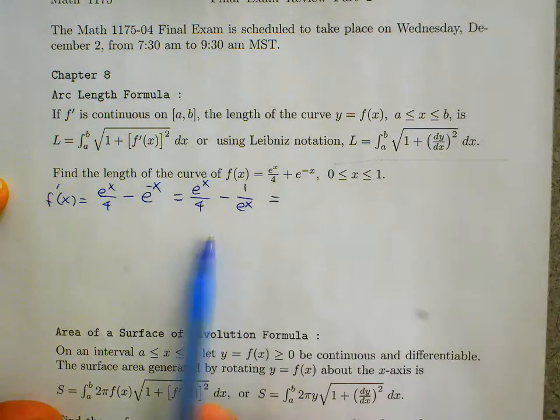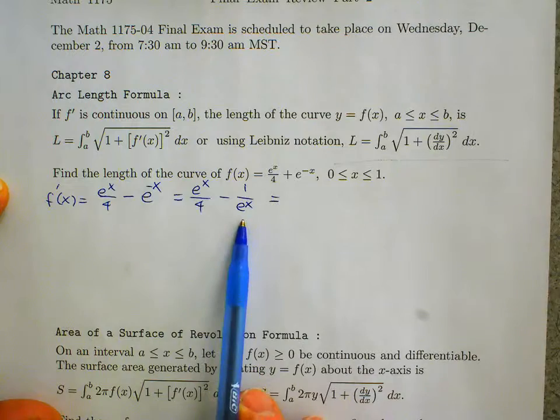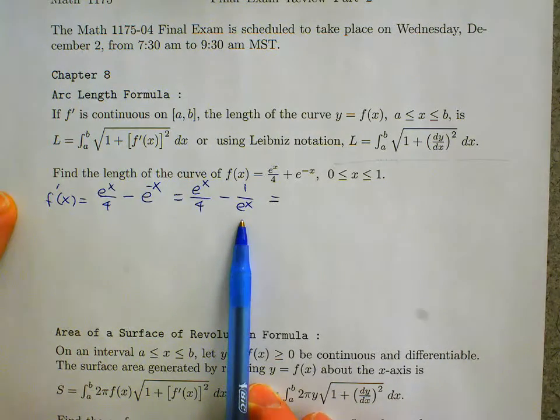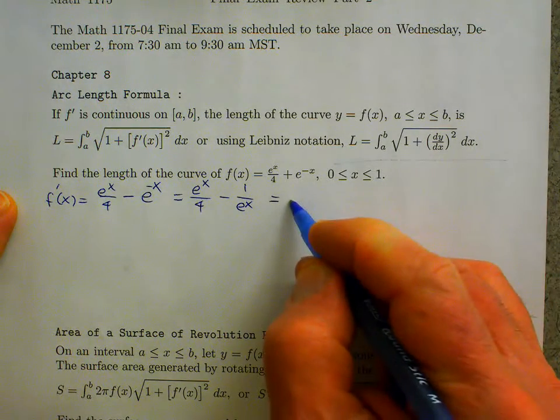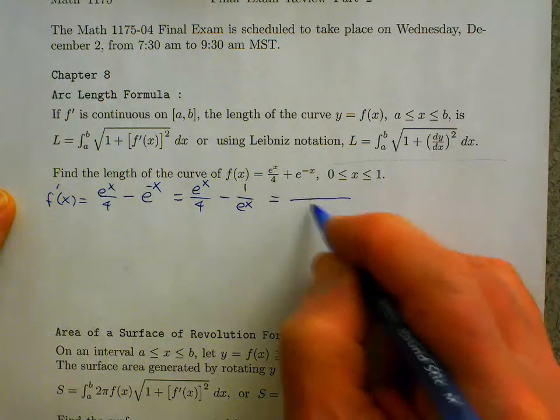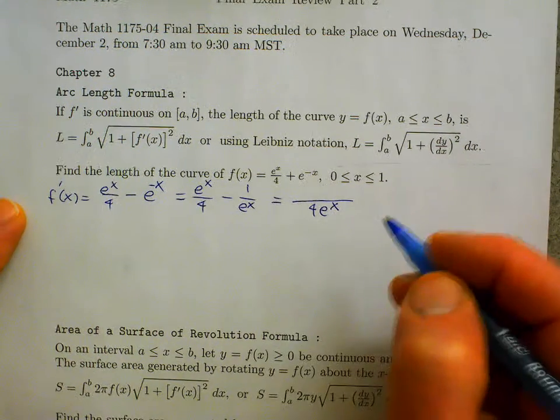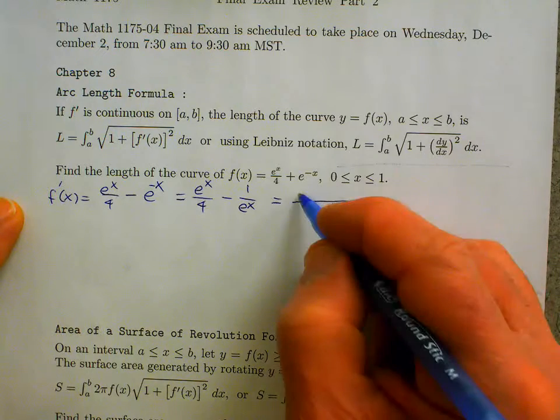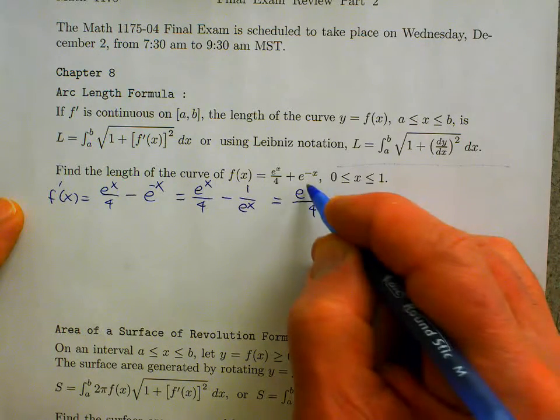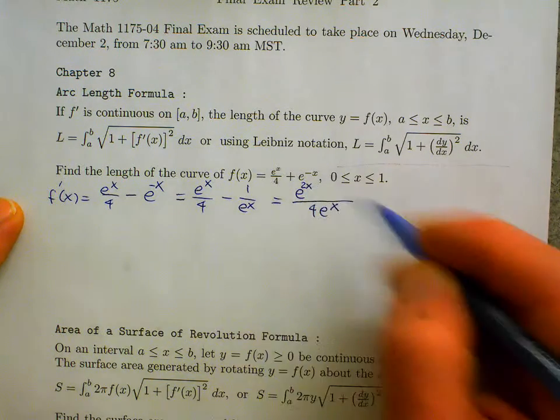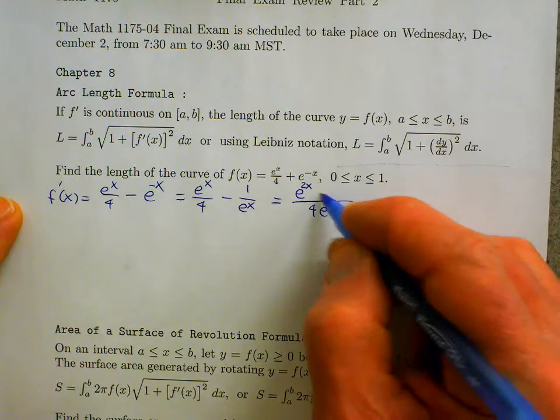And then before squaring it, I'm going to write this as a single rational expression. So the common denominator is 4 times e to the x. And so in the numerator, I'll have e to the x times e to the x, or e to the 2x, and then minus 4.